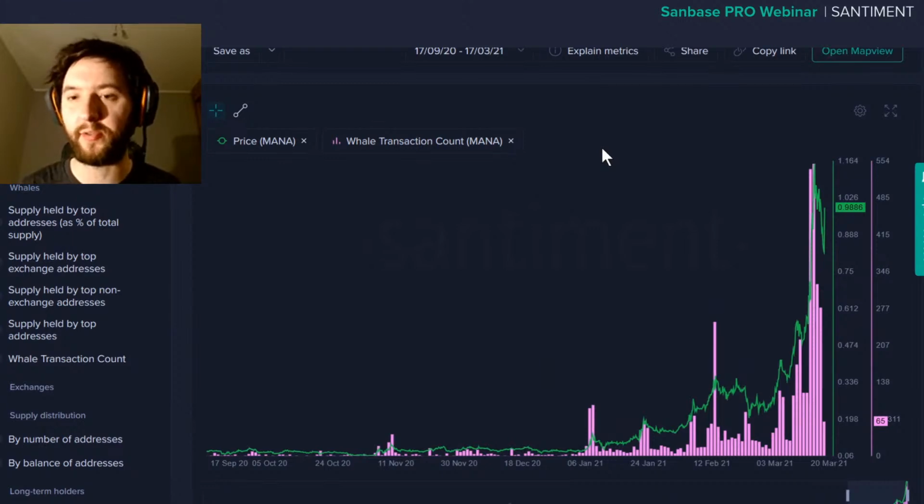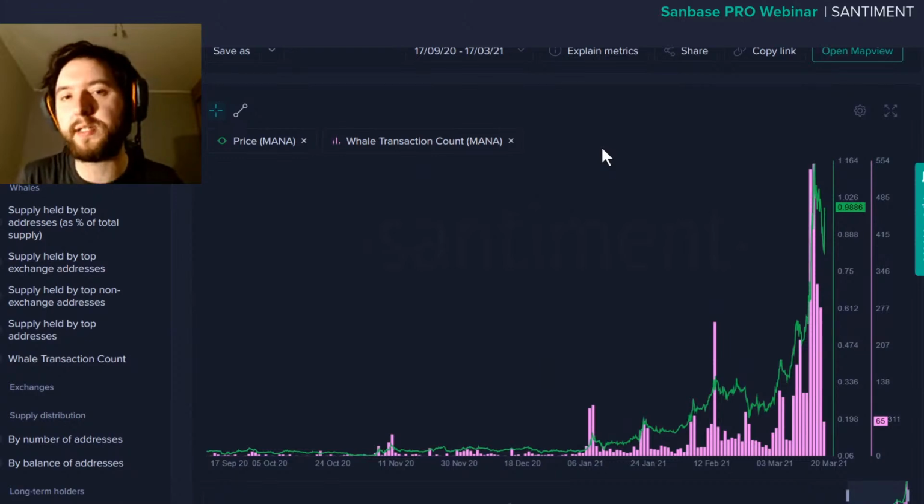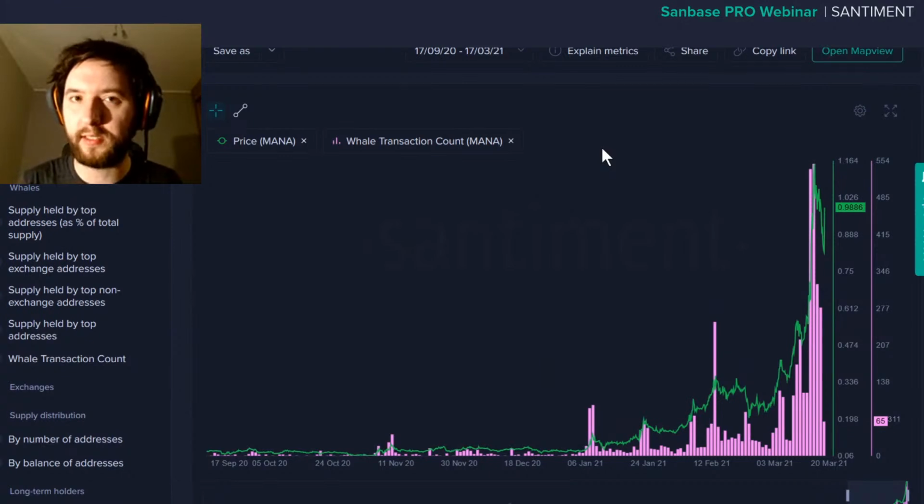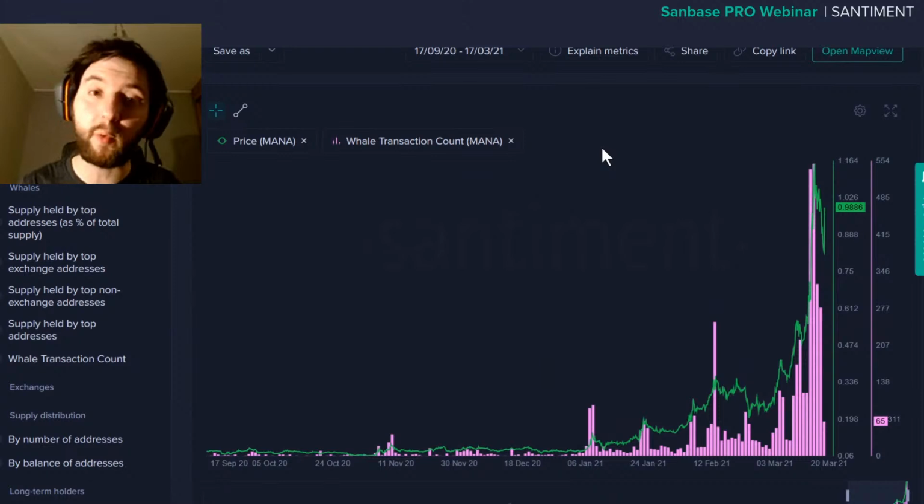So maybe instead of $100,000, as the price of a coin rises, $200,000, $300,000. And obviously, for coins like Bitcoin and Ethereum, $100,000 isn't necessarily a whale transaction, right? So I think for this particular purpose, the whale transfer count as a metric seems to work fairly well for low and mid cap coins, and that's what I'm going to focus my analysis on for the time being as far as this metric is concerned.